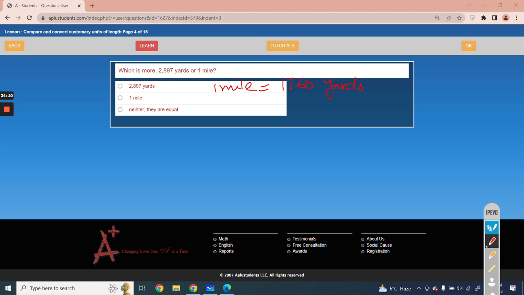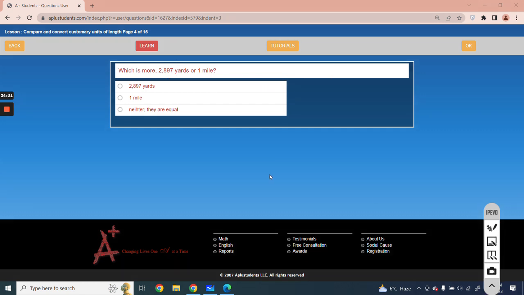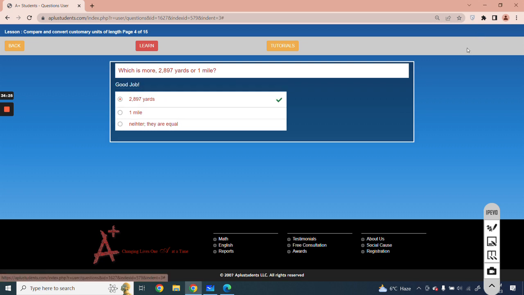So which is more? 2,897 is more, got it? So the correct option is the first one. So just select the correct option and click on the OK button. Got it?